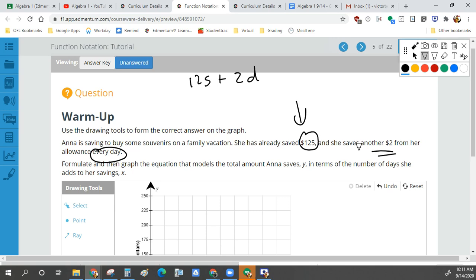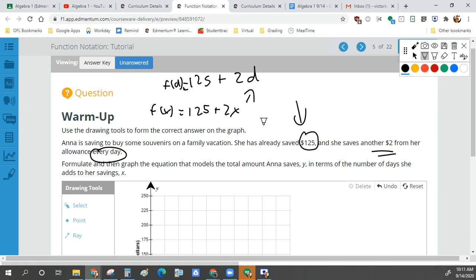And this says how much money she has saved up for souvenirs. So I can call this f of d. My input is d. I'm not calling it f of x because d is my input for days. I can call it x if I want, f of x, but I would have to say 2x.